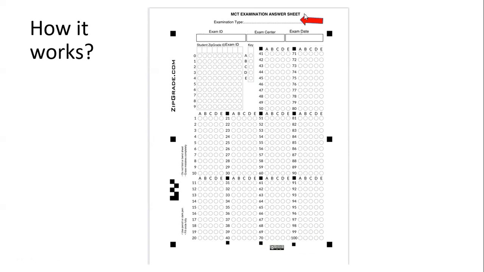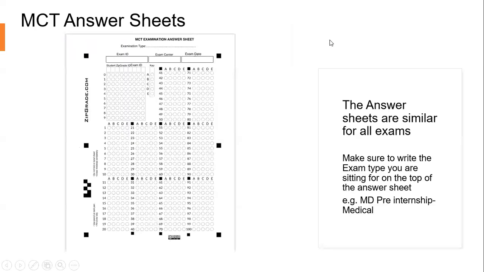So I think the first thing that will identify your answer sheet is to write the respective examination that you are taking. So if you are taking the pre-internship MD examination, the medical paper, you have to write here pre-internship examination medical paper. So these are the areas which you will also have to fill.